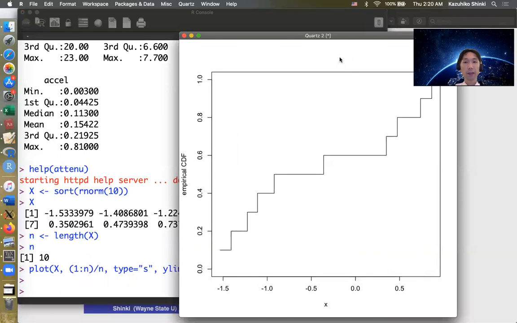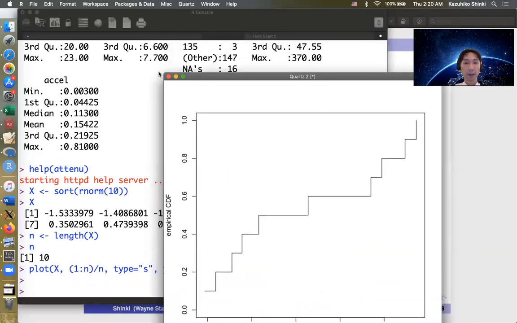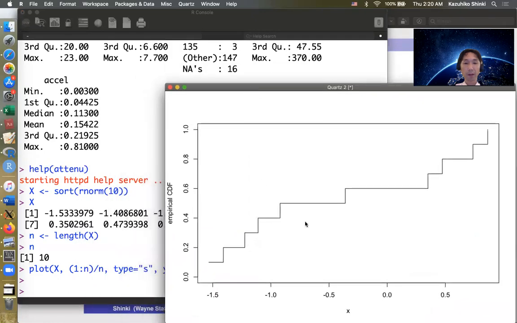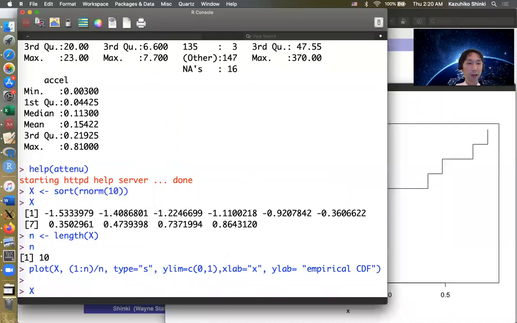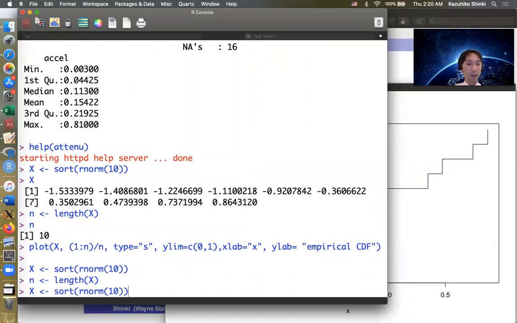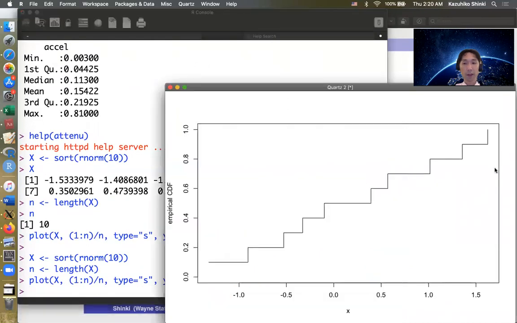Then we can get this. Actually, this changes from time to time, so this is the one we get. But if we define x again and plot, it will be slightly different.